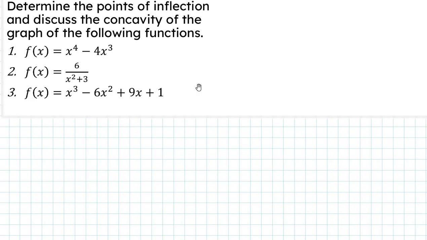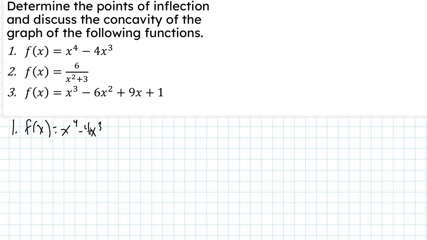In number 1, let's write it here. f of x is equal to x to the 4th minus 4x cubed. So what we need to do first is find the second derivative to find the different points of inflection, because that's what we're analyzing.